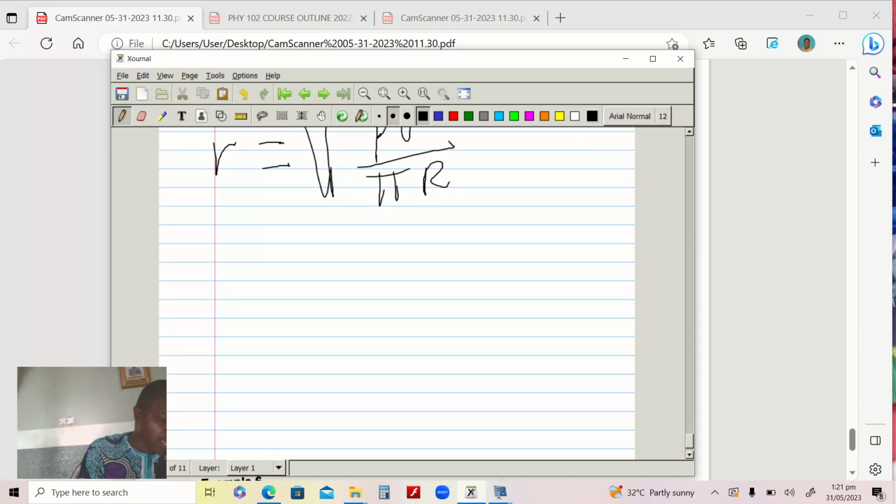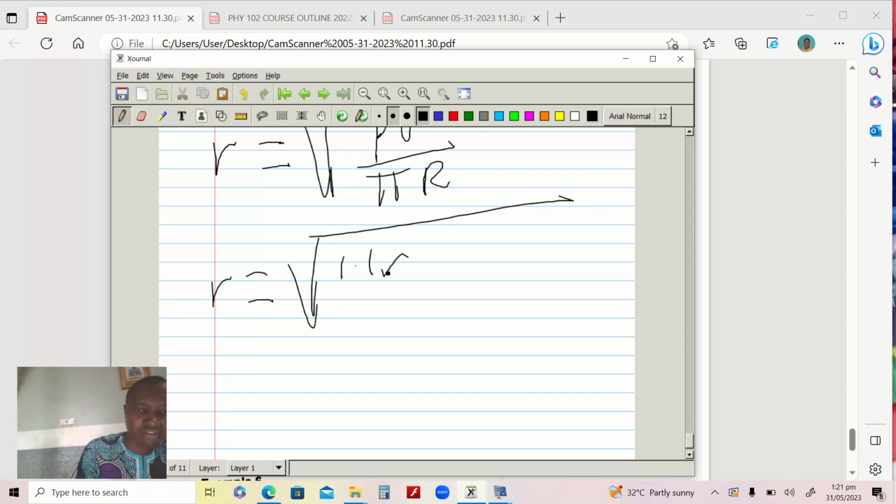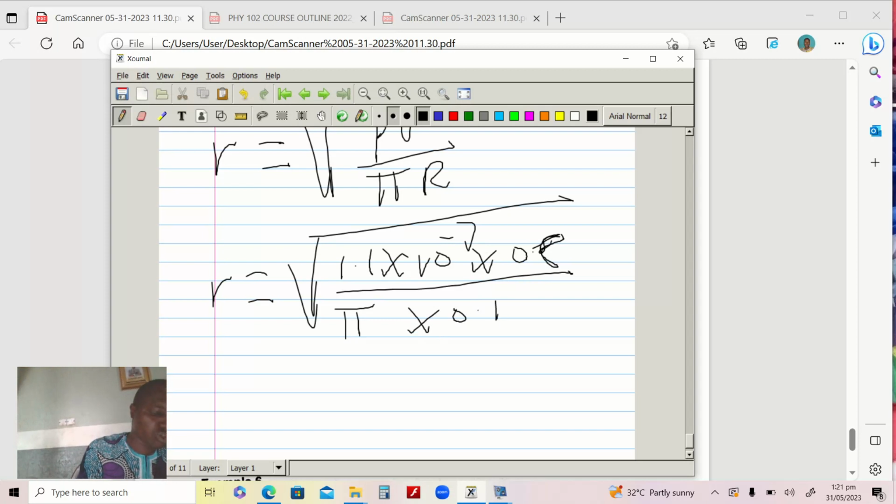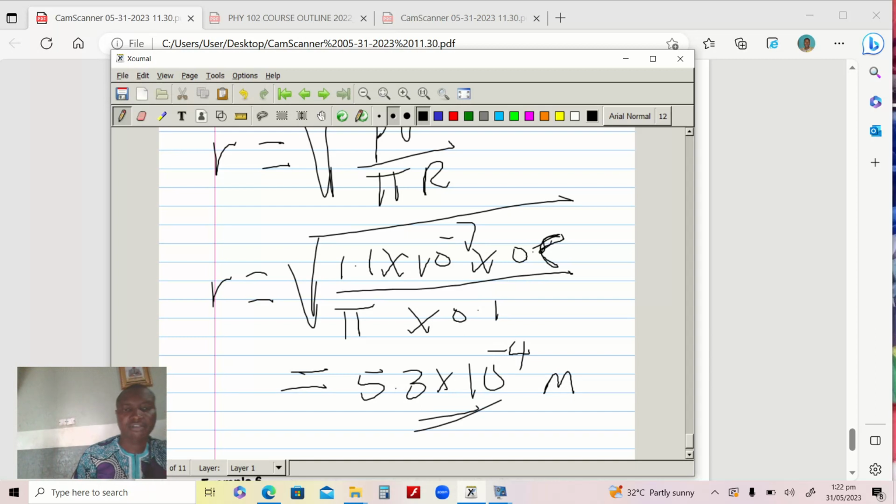So definitely our r now is equal to the square root of rho L: rho is equal to 1.1, as it has been given, times 10 to the minus 7, multiplied by 0.8, then divided by pi multiplied by 0.1. Pi is 22 over 7 or 3.142, which gives 5.3 times 10 to the minus 4 meters. So this is what we have here.